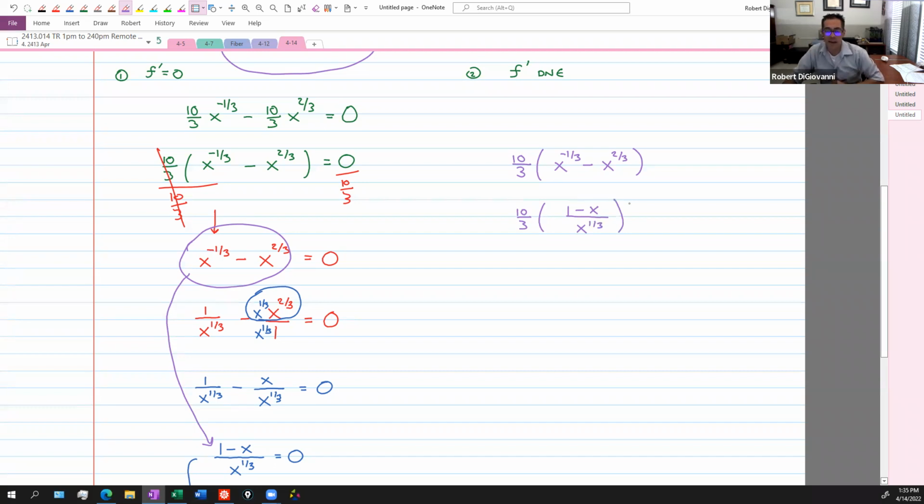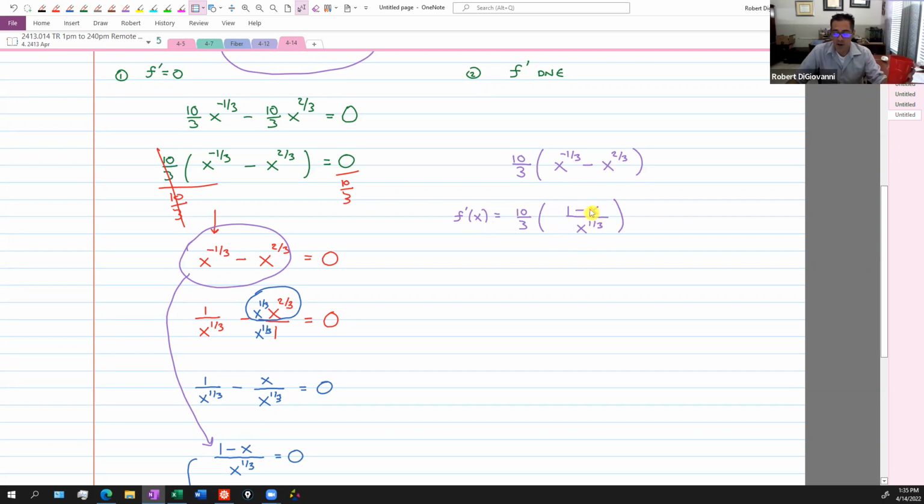I'm looking at that. That's my derivative. Are there any problems with this derivative? Are there any numbers you cannot plug into this? 0, right? 0 cannot go in. If you plug in 0, 0 to the 1/3 is 0, and you'll get division by 0 here, won't you? Can I plug 1 into the derivative?